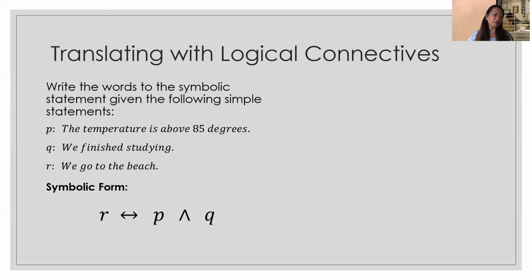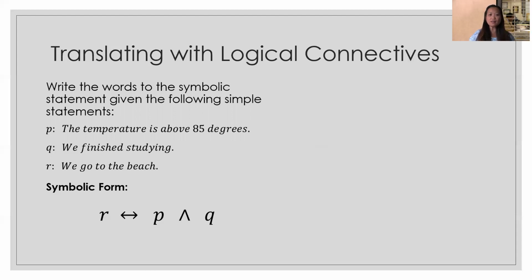Now let's go the other way around. If that is your symbolic form, and those are your statements. R is we go to the beach. P is the temperature is above 85 degrees, and Q is we finish studying.